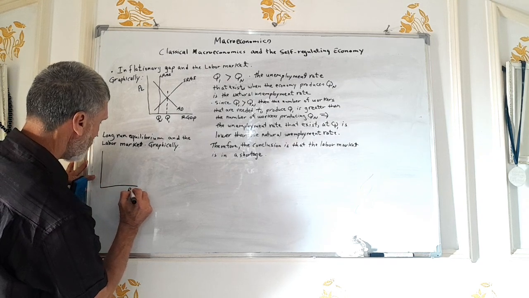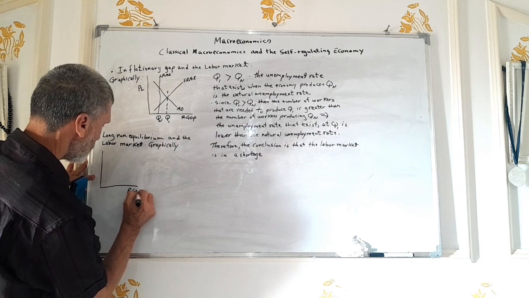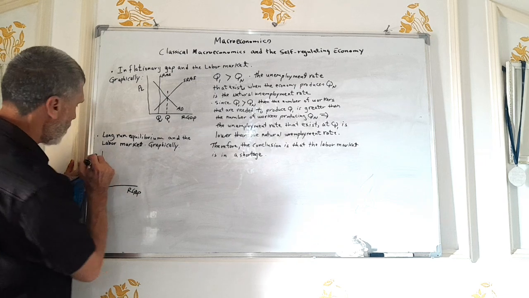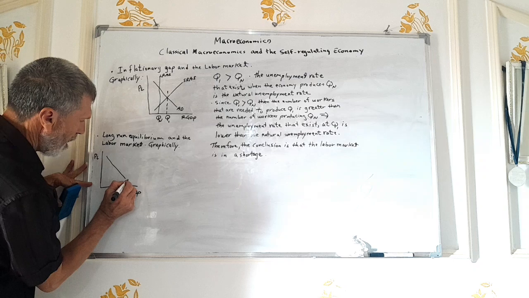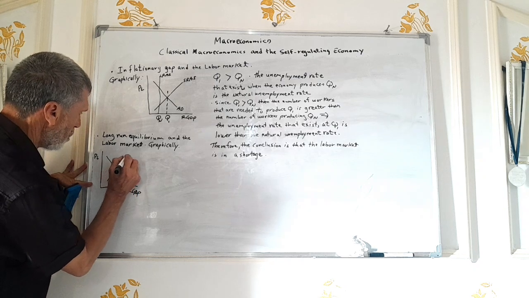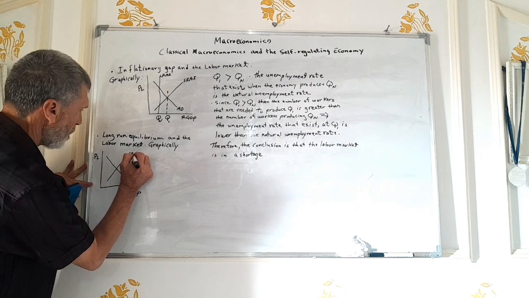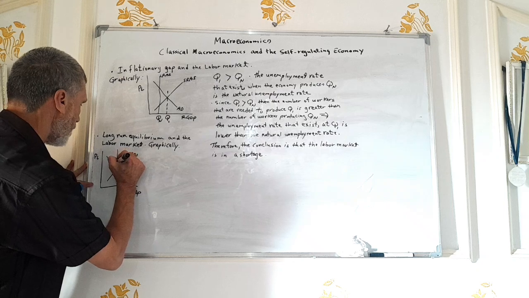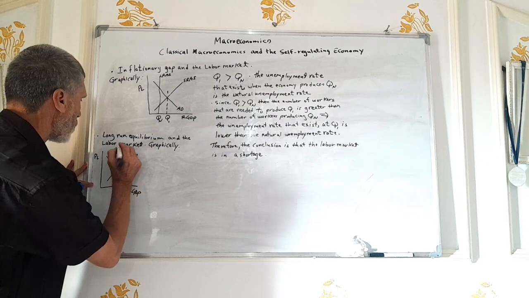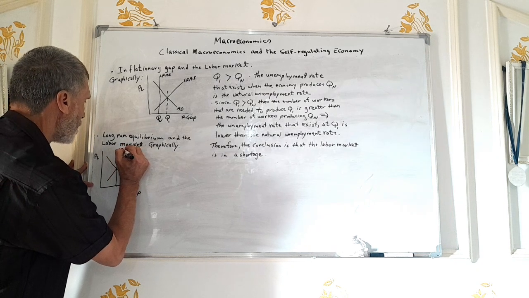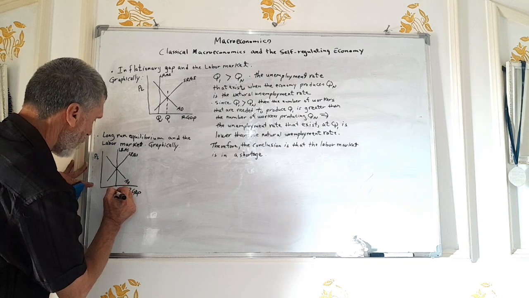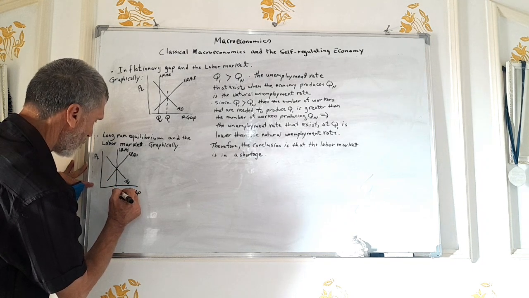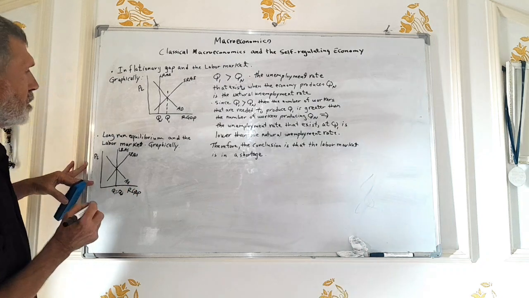This is real GDP, and this is the price level. This is the graph of aggregate demand, short-run aggregate supply, and long-run aggregate supply. This is Q1 equal to Qn.